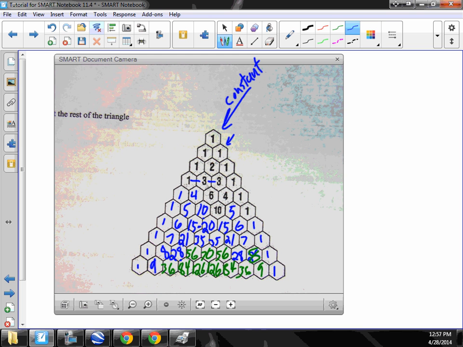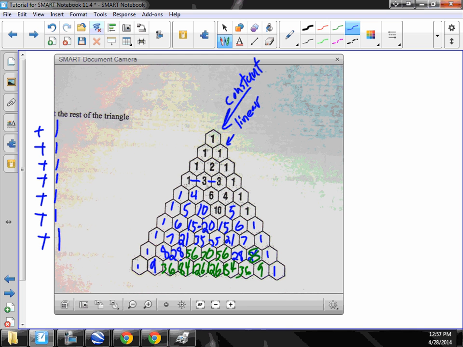What type of formula would create the second diagonal? Linear. Why is it linear? Because my first difference is plus 1, plus 1, plus 1, plus 1. They all differ by 1. Okay? What about the third diagonal?